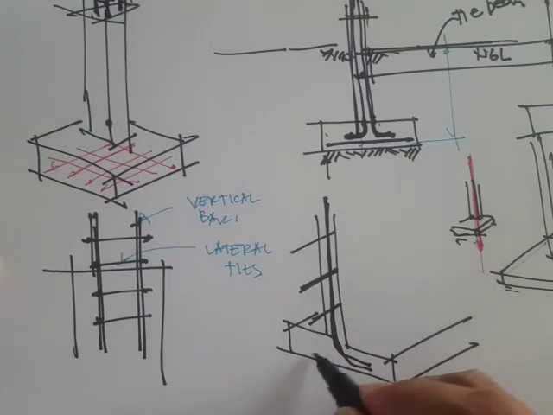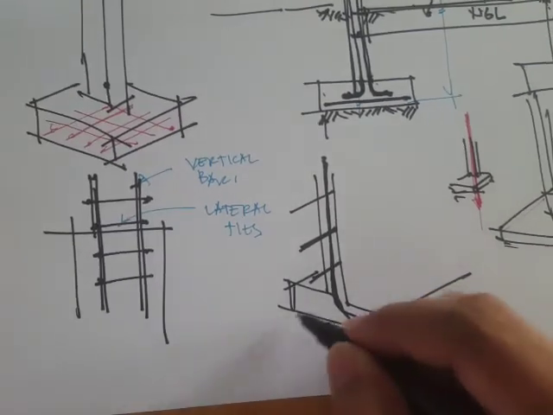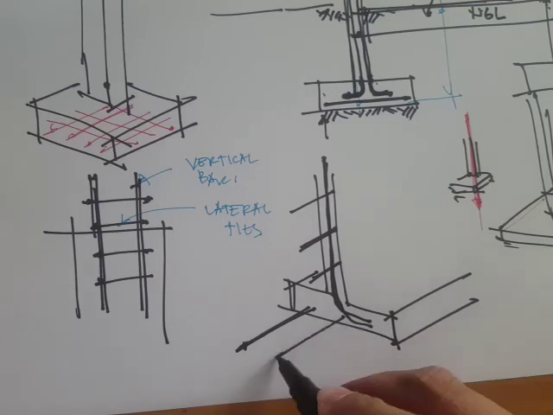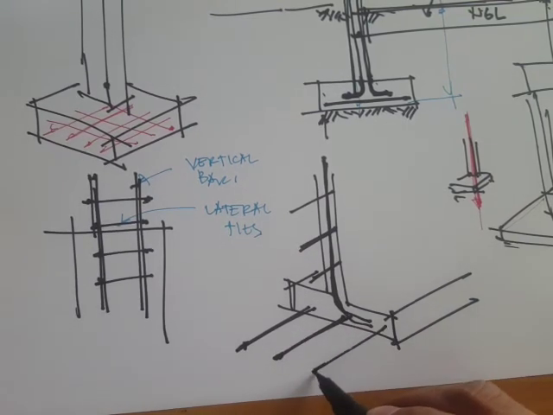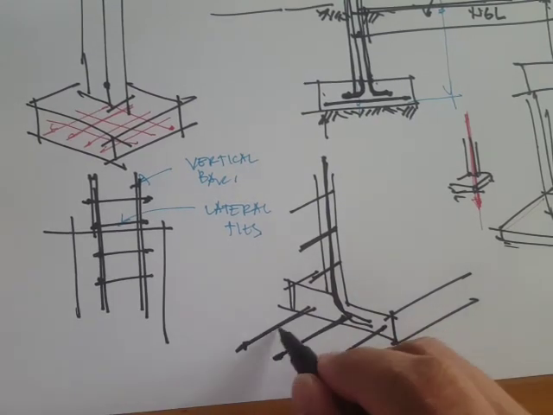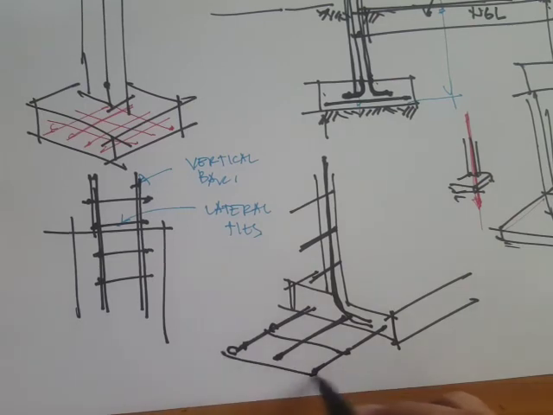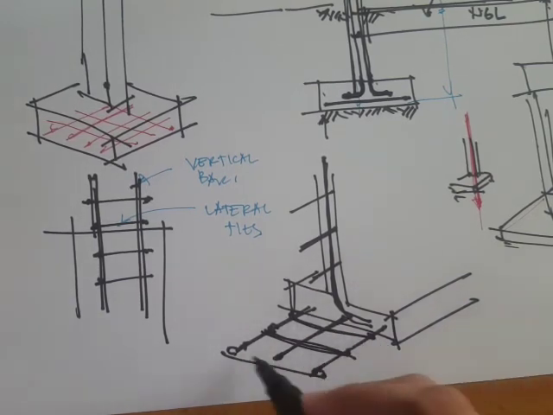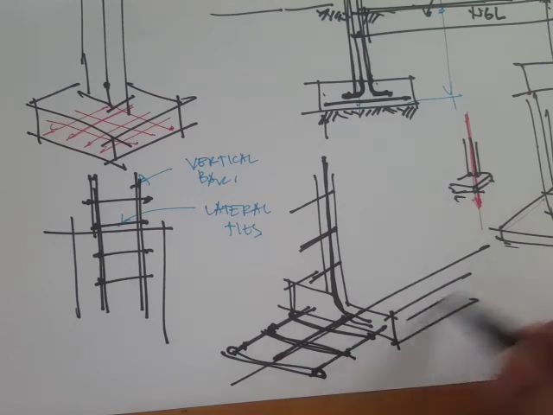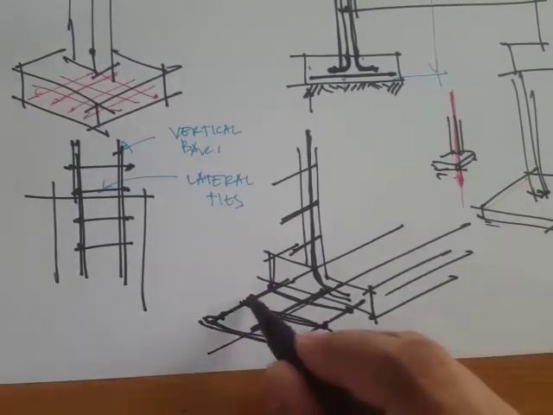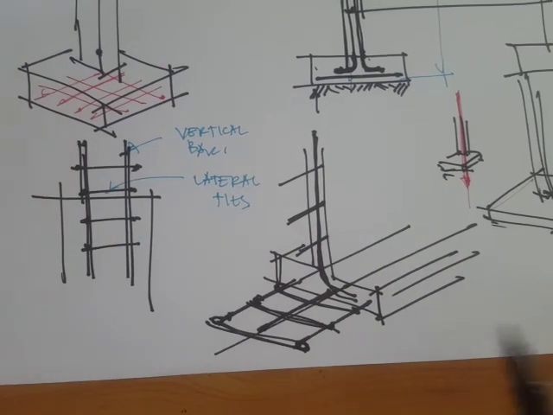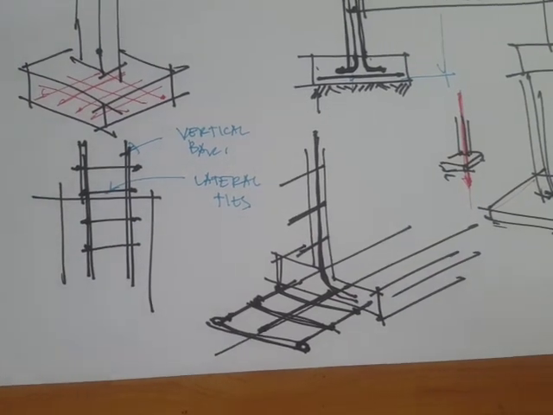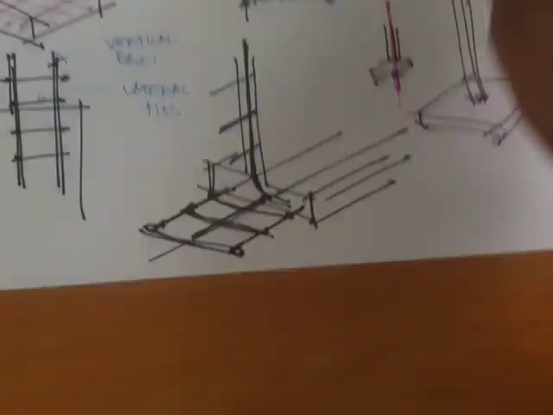Then in this wall footing, there's a typical configuration of three longitudinal or continuous bars, and then at some spacing there must be some lateral bars in this direction. So this one continues, and then it's provided with these lateral bars. Okay, so far so good.